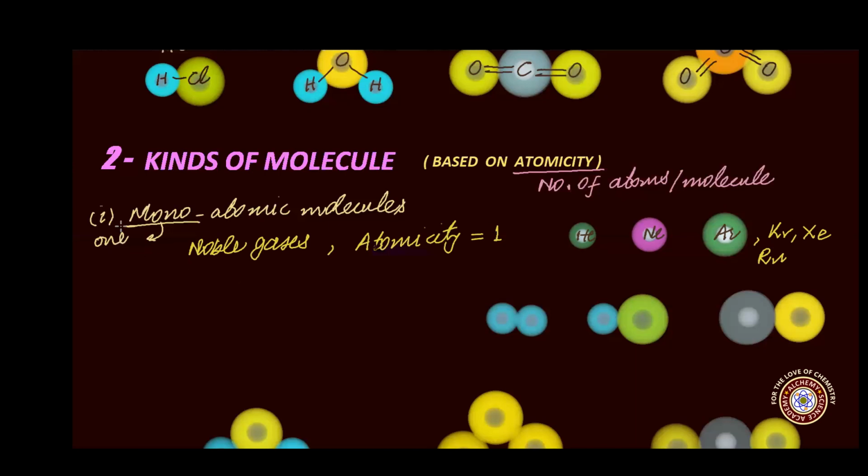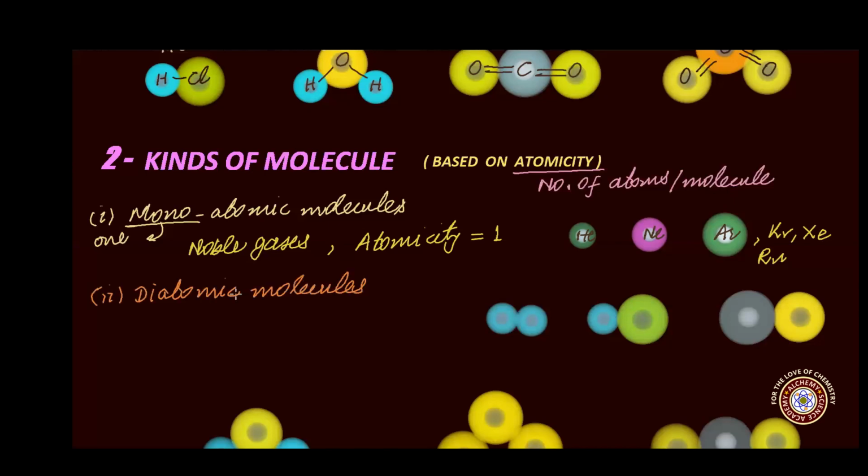Now let us move on to the second kind of molecules on the basis of their atomicity, and these are the diatomic molecules.